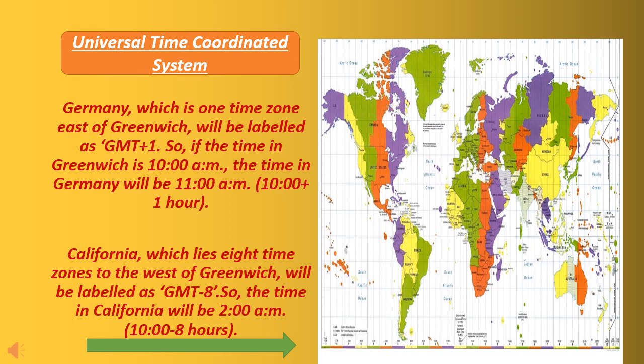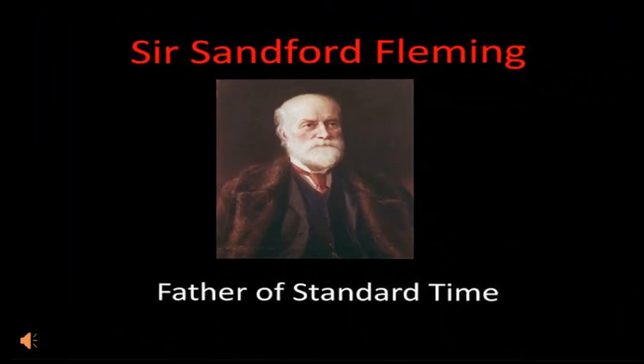California, which lies 8 time zones to the west of Greenwich, will be labeled as GMT minus 8. So the time in California will be 2 a.m., 10 a.m. minus 8 hours.